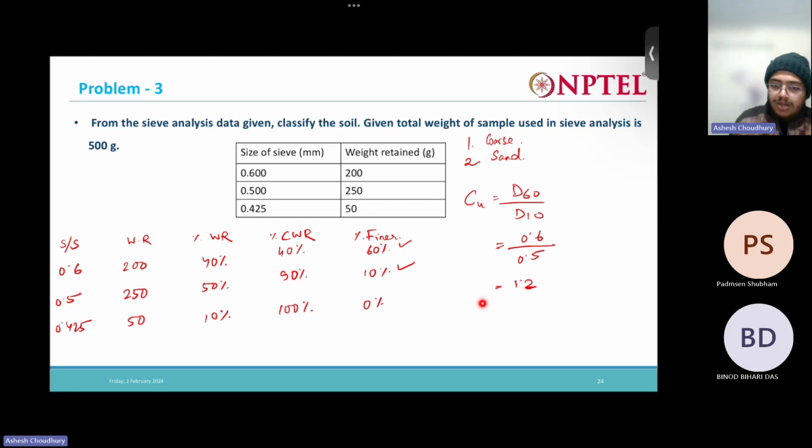This is not greater than 6. That means the soil is poorly graded. So what will be the final classification? It will be sand and poorly graded, so SP. This is going to be the final classification.